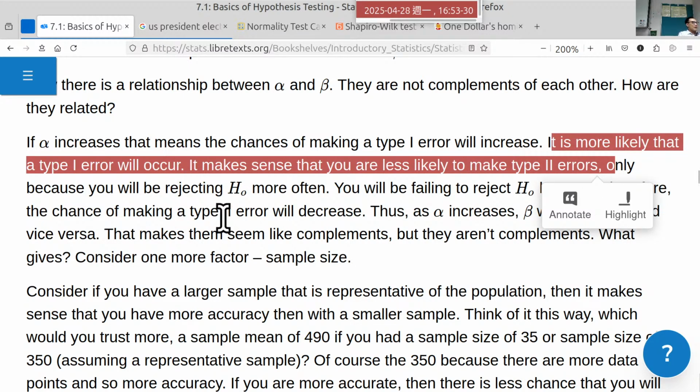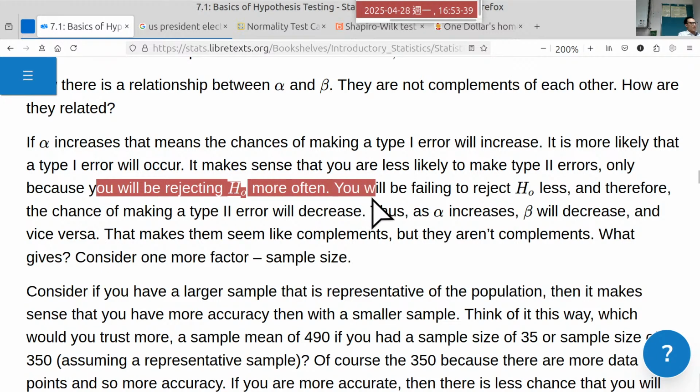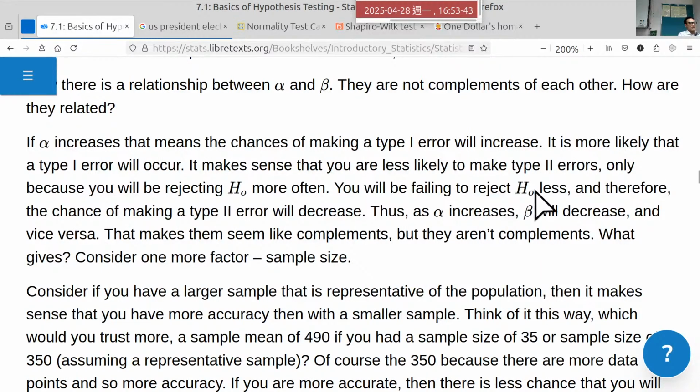It makes sense that you are less likely to make the type 2 error, only because you will be rejecting more often. You will be failing to reject the null hypothesis less.